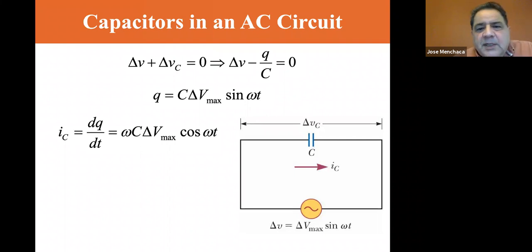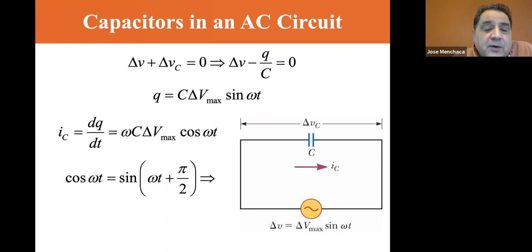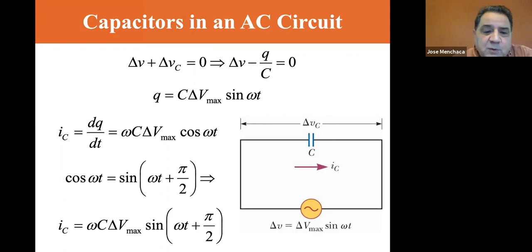The derivative of sine omega t is omega times cosine omega t. Using the identity, cosine omega t equals sine omega t plus pi over 2, we get that I_C is equal to omega C times delta V max times sine of omega t plus pi over 2.